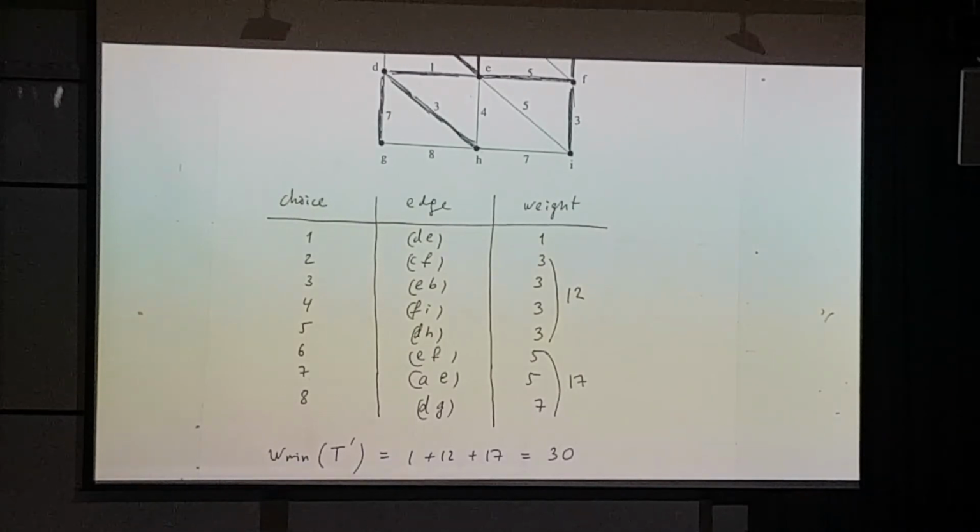Is the weight again, please? Exactly, yes. For the same graph, it should be the same number. So it doesn't depend on the choices, because the algorithm guarantees to produce minimal total weight available.